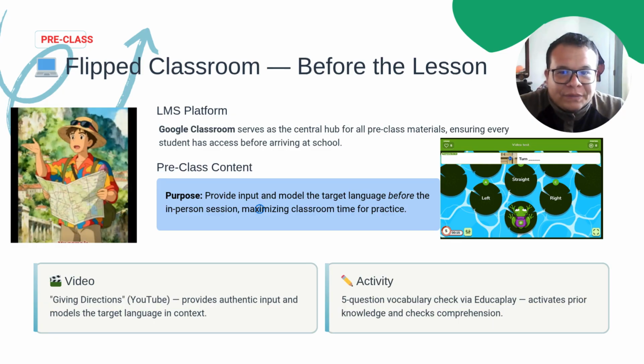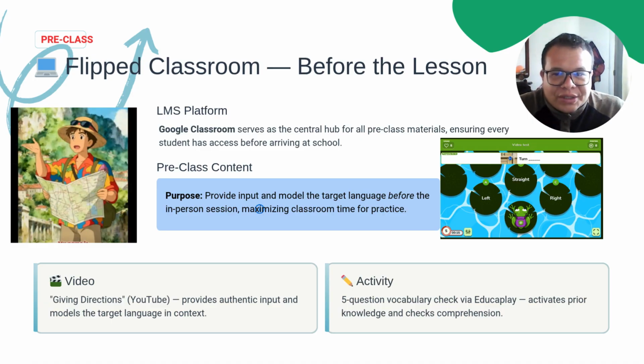In this part, we divide the lesson in four parts. The first part was the pre-class, a flipped classroom before the lesson. I implemented the flipped classroom strategy via Google Classroom.